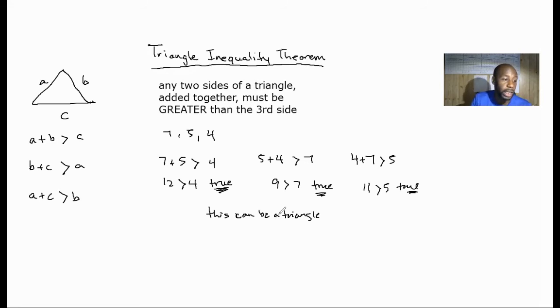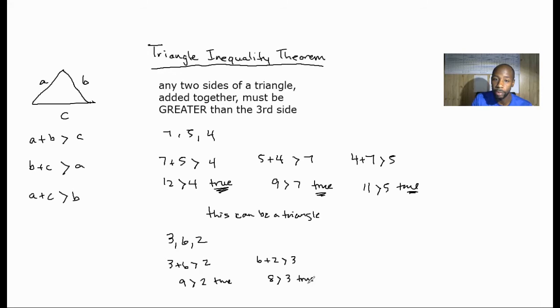All right, let's do another example. Let's try 3, 6, and 2. Is 3 plus 6 greater than 2? That's 9, and 9 is greater than 2. True. Is 6 plus 2 greater than 3? 6 plus 2 is 8, and 8 is greater than 3.